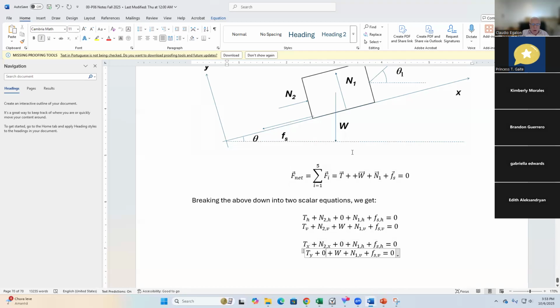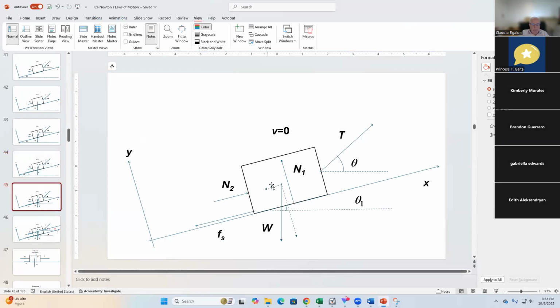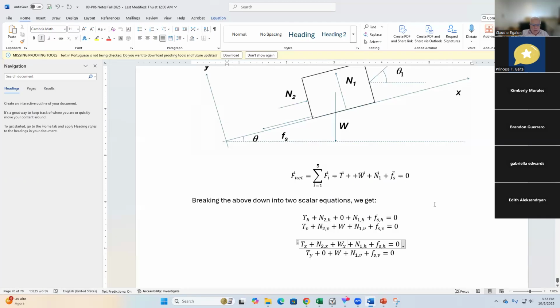The X component, the weight is going to have an X component, okay? The weight now is going to have an X component because I am using a different frame of reference, a different axis. Going back here you go. See that? The weight is gonna have this X component here. And it's going to have a Y component as well.